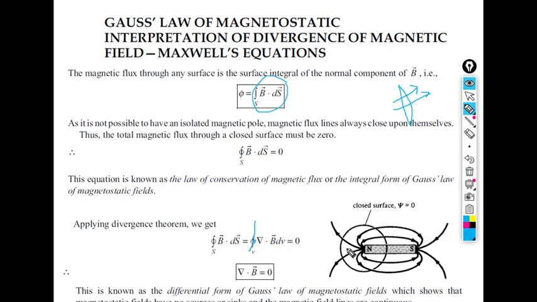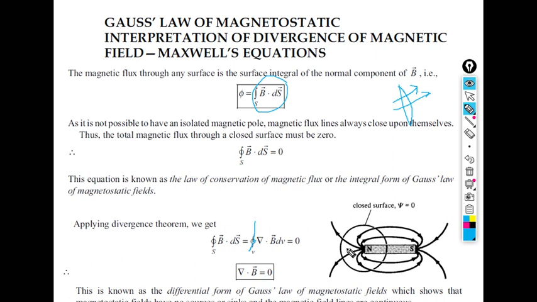So it is difficult to get isolated poles. In an electrical circuit you can get an isolated positive or negative charge, but in a magnetic field, whatever tiny particle you take, both north and south poles are present. So it is difficult to get an isolated magnetic pole.